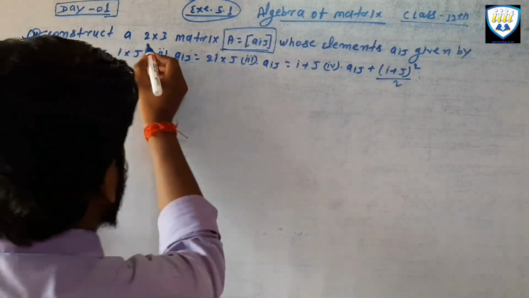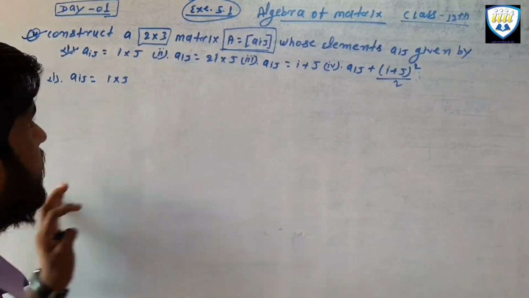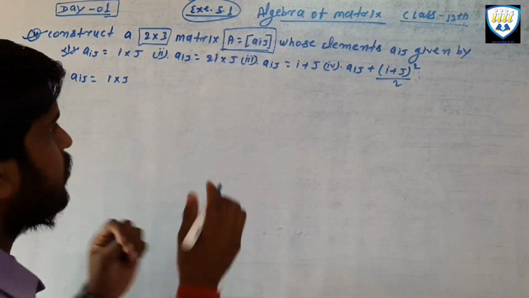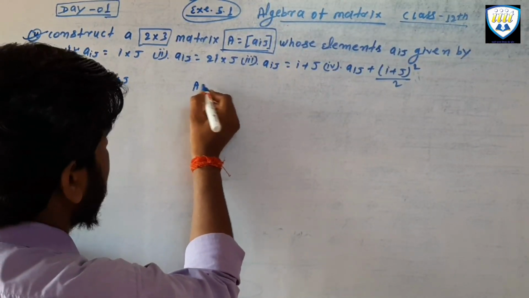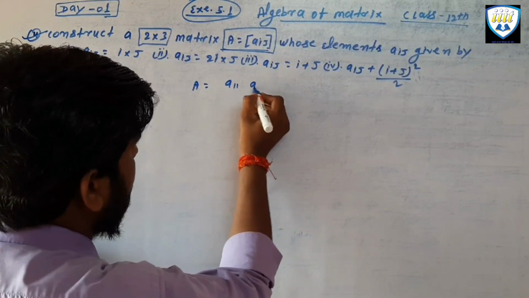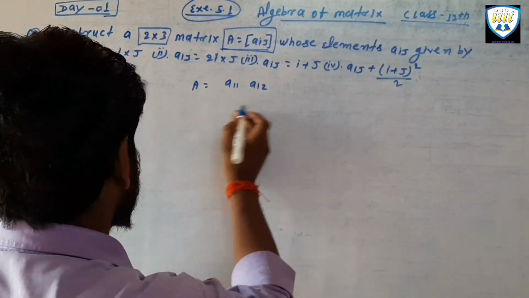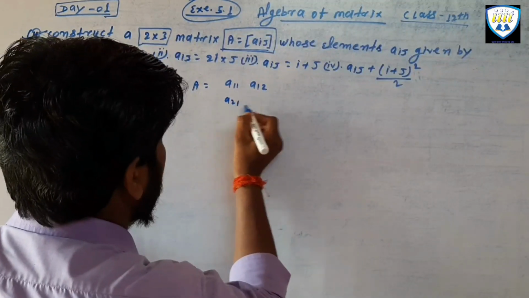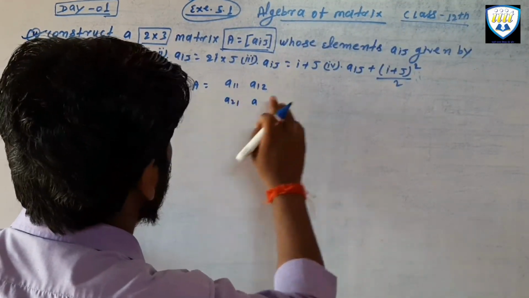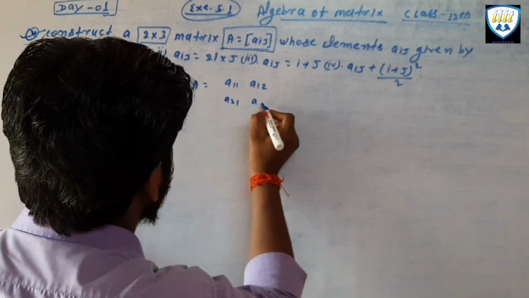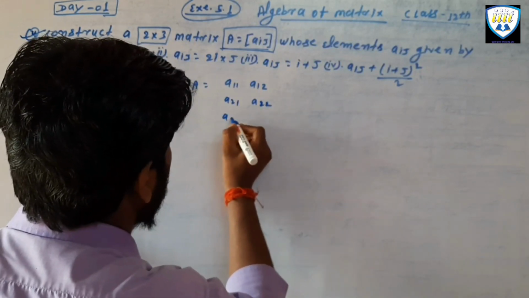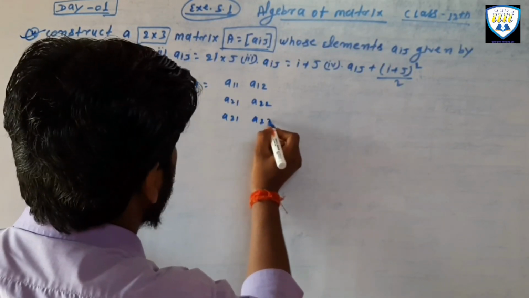Read this question carefully. The matrix is of order 2 into 3, so it has A11, A12, A13, A21, A22, A23.